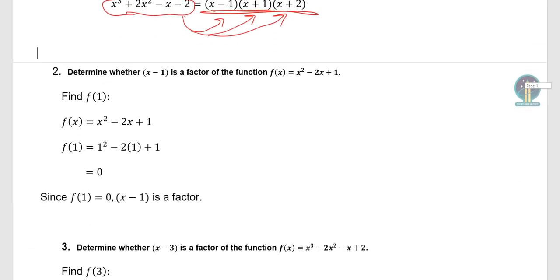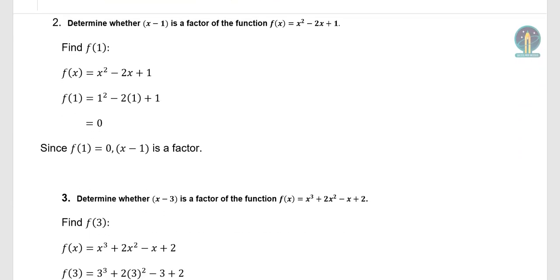Let's look at the next example. Determine whether x minus 1 is a factor of this function, x squared minus 2x plus 1. So this is another method. We said that f of a has to equal 0. Well, we can use synthetic substitution, or we could just plug in a for x into the polynomial itself and then just evaluate.